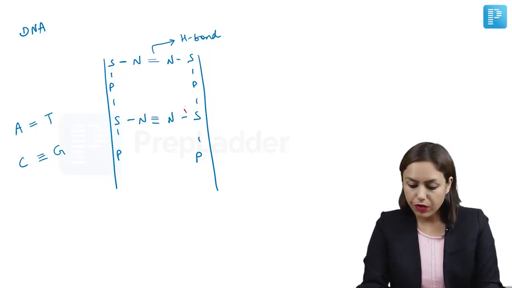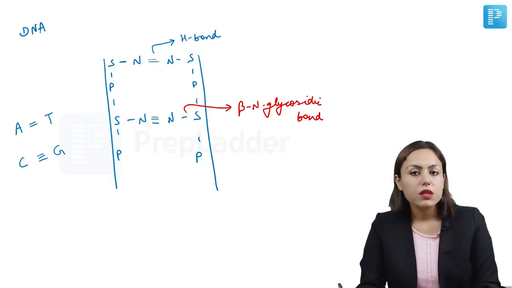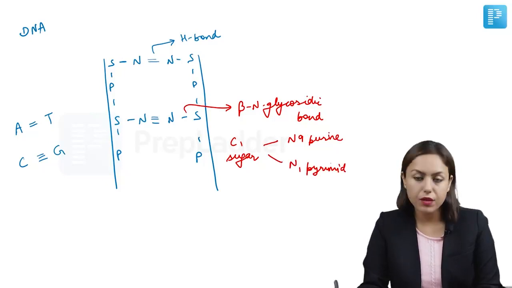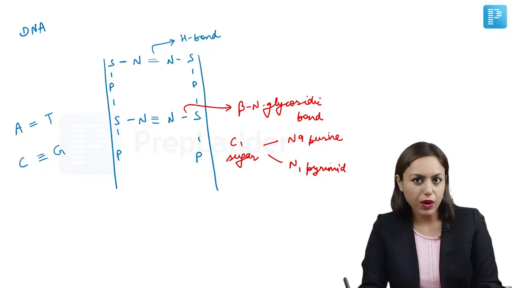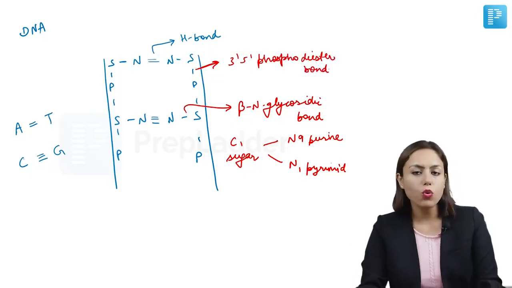Now, this bond between the nitrogenous base and sugar is the beta-N-glycosidic bond. This bond is between C1 of the sugar and N9 of purine or N1 of pyrimidine, and it is a covalent bond. Then the bond between sugar and phosphate is the 3',5'-phosphodiester bond. This is also a covalent bond.